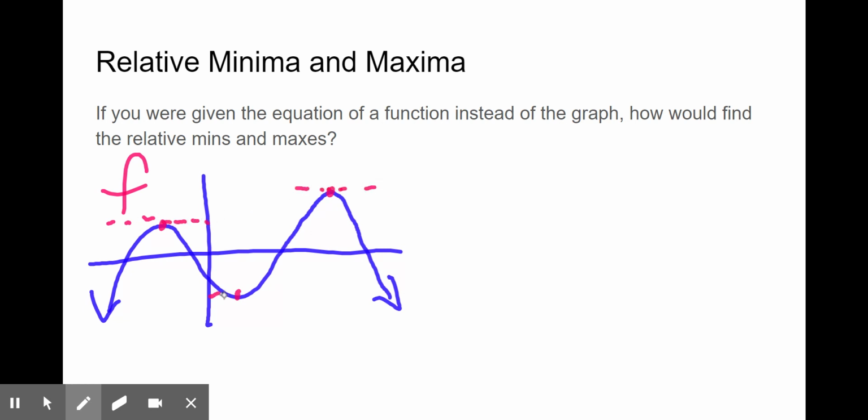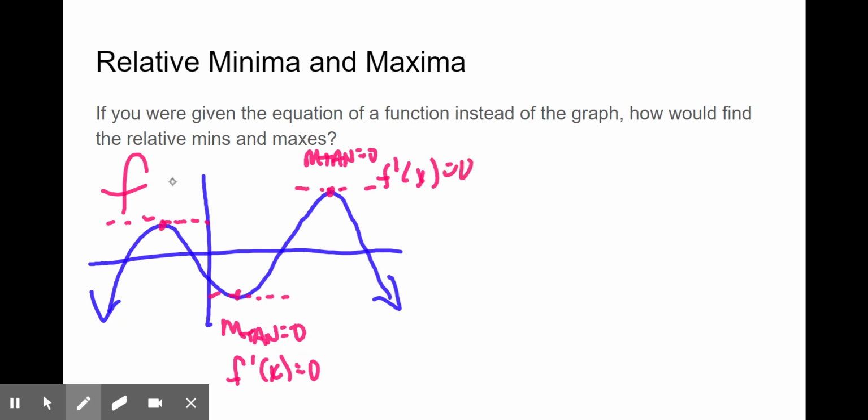We know the slope of the tangent line at these points are all 0. So that meant that f prime of x must have equaled 0, right? And that's what we graphed. The slope of the tangent line here is also 0. That means f prime is equal to 0. Same thing here. The slope of this tangent line is equal to 0. So f prime is equal to 0.